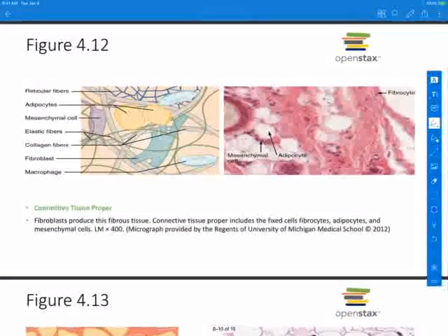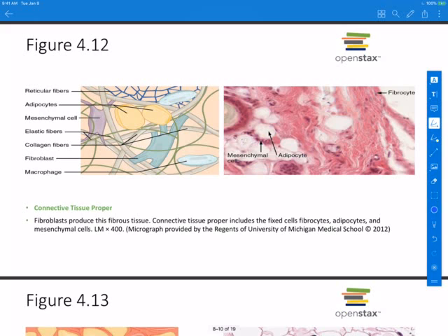Now, this first image shows both a microscope slide and a schematic of the connective tissue proper. And what you'll notice is that connective tissue proper has fibroblasts that produce the fibrous tissue. Connective tissue proper has fixed cells, in other words, cells that don't necessarily move to different tissues.